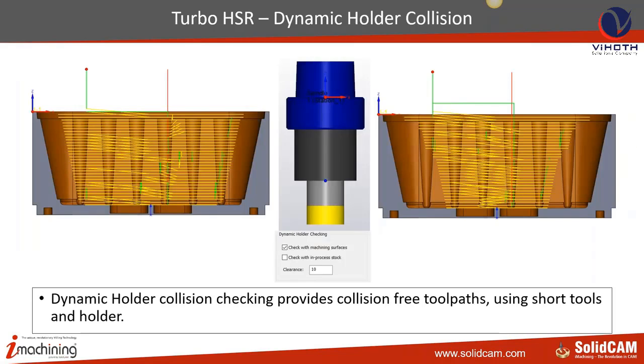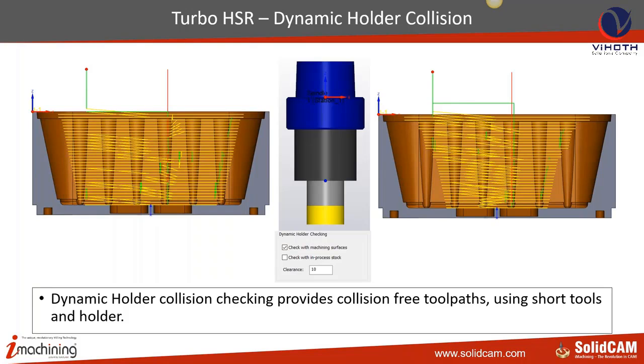Dynamic holder collision, also a feature of Turbo HSR. It provides collision-free toolpaths. You can provide your holder, and the holder will be checked against 2 items, depending on what the user has selected. It could be checked only with the machining surface to see if there's a collision with the machining surface, or it could be checked with an in-process stock, the dynamic stock that is available at that given point.